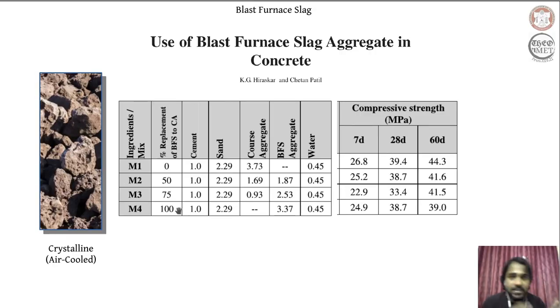Now when we measure the compressive strength of these different grades of concrete, we find that the concrete with 50-50 slag and aggregate has a strength that is equivalent to that of concrete with 75% blast furnace slag. So when I have a concrete that predominantly comprises blast furnace slag, 75% of it, its strength over different days, 7 days, 28 days and 60 days, is equivalent to that of the concrete that has 50% aggregate and 50% slag.